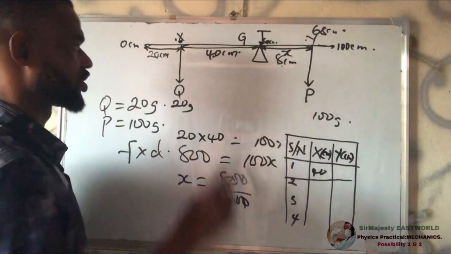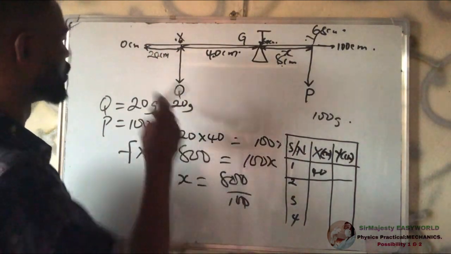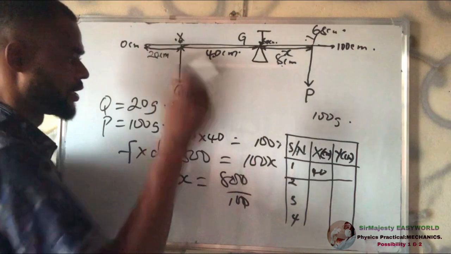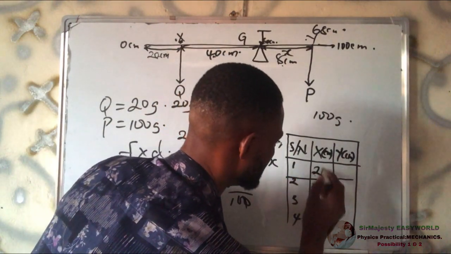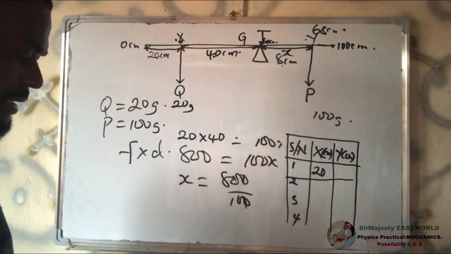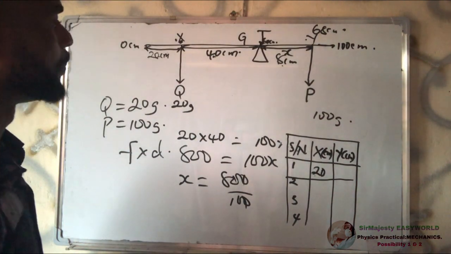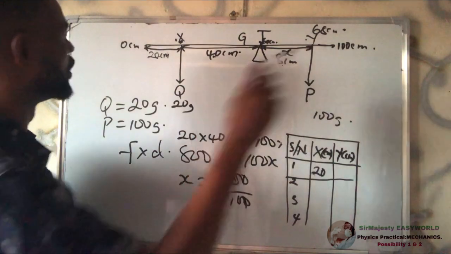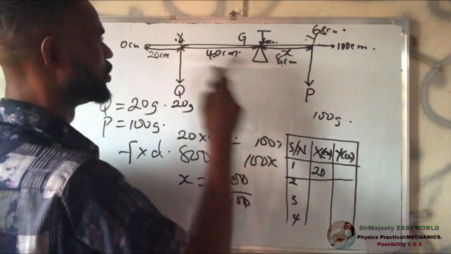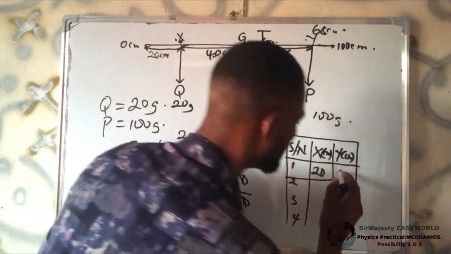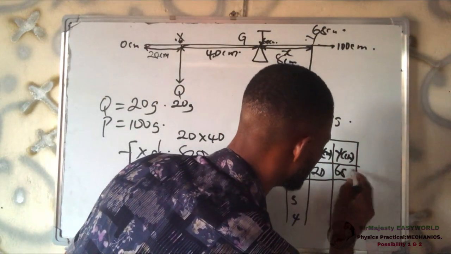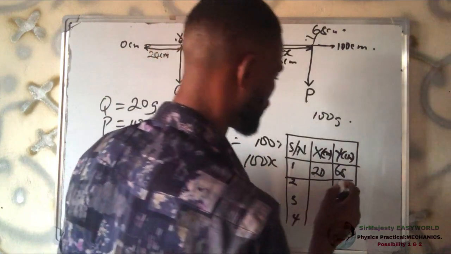This one is showing us from 0 to here. This one should be 20 centimeter. Then record from here to here, which is 20 plus 40, 60, plus 8 is 68. Here is 68 centimeters, or 68.0.